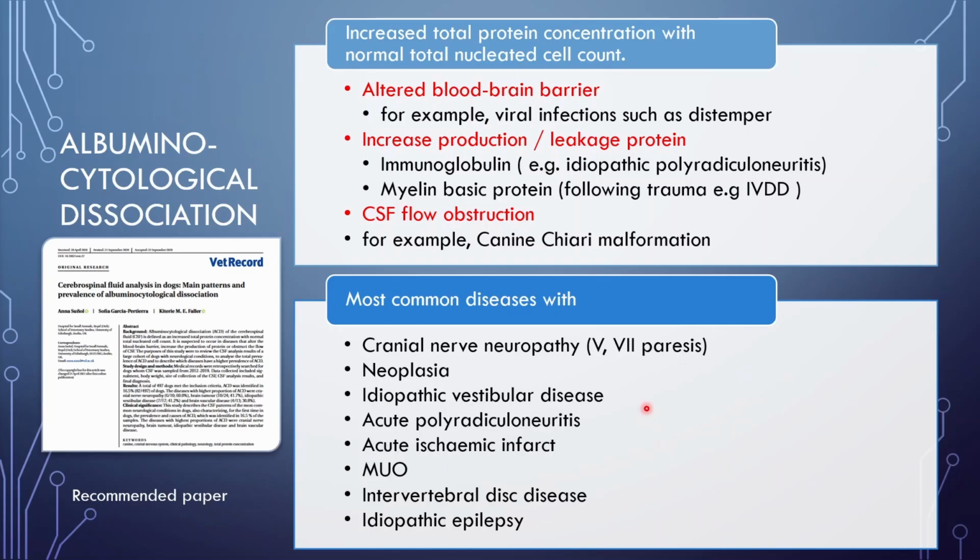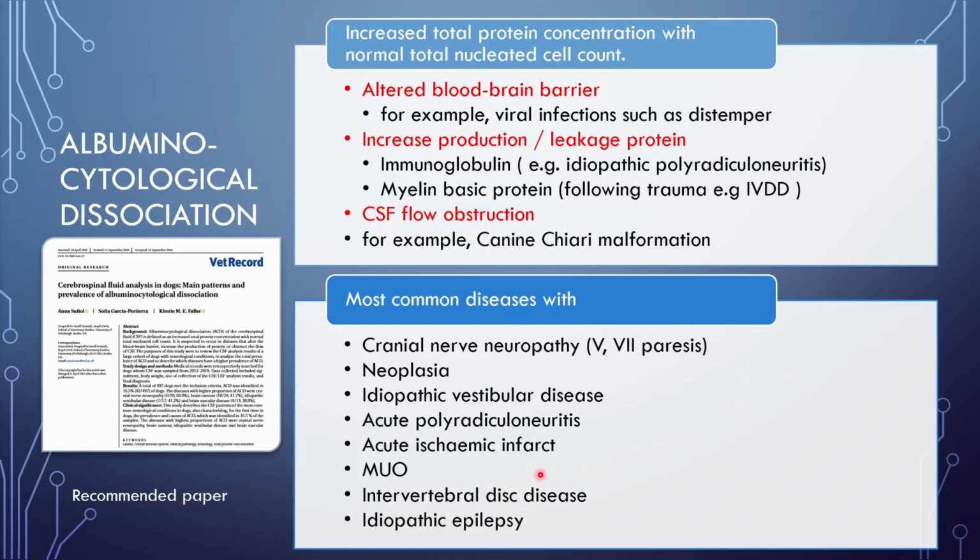So where you have an increased protein but a normal cell count, the most common diseases that this is associated with are cranial nerve neuropathies, especially trigeminal neuralgia, for any cause of that, or Bell's palsy, facial nerve paralysis, neoplasia, idiopathic vestibular disease, again, presumably because this may involve the nerve root, acute polyradiculoneuritis, as I've said before, following an infarct, sometimes in MUO, meningoencephalomyelitis of unknown origin.